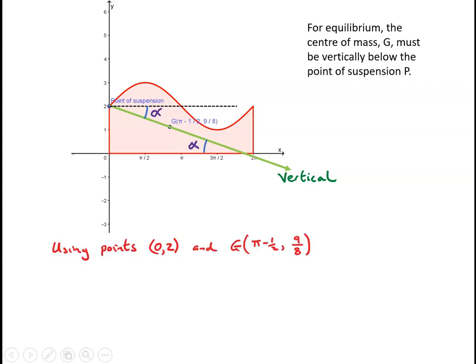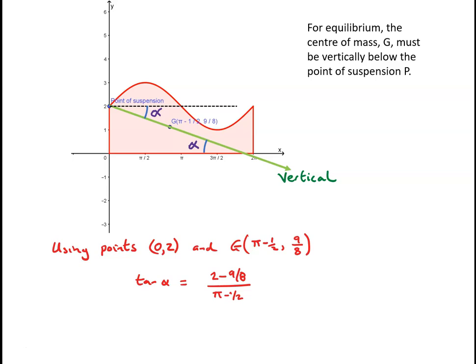And if we now consider the 2 points 0, 2 and G with coordinates pi minus a half, 9 over 8, then tan alpha is going to be the size of the y step between those 2 points, which is 2 take away 9 over 8, so that's 7/8, over the x step between those 2 points, which is pi minus a half.